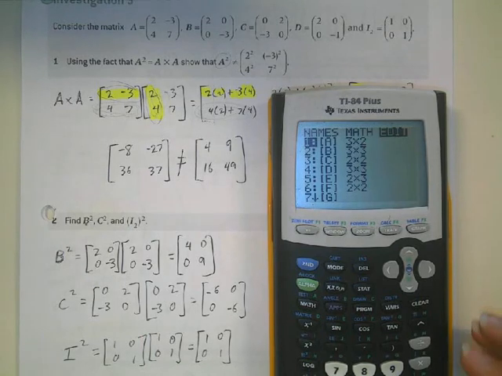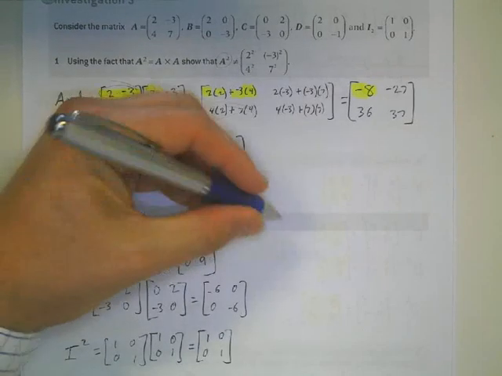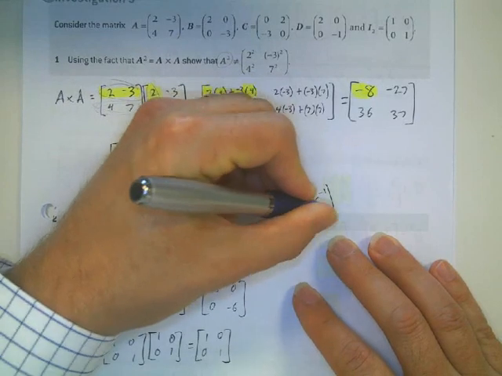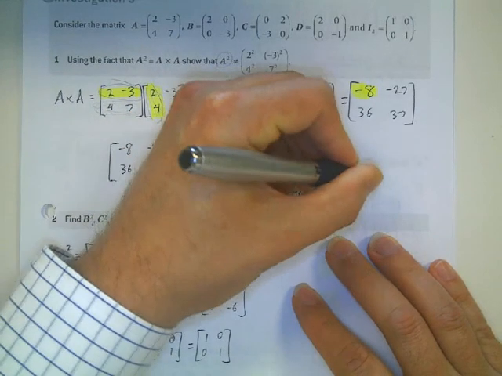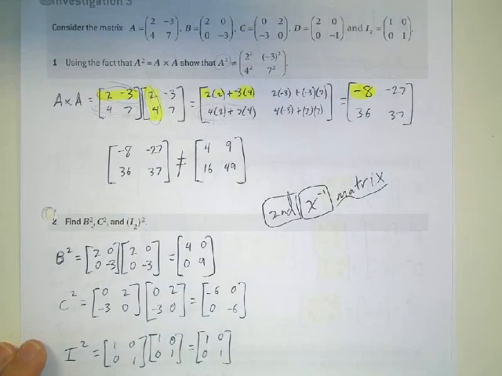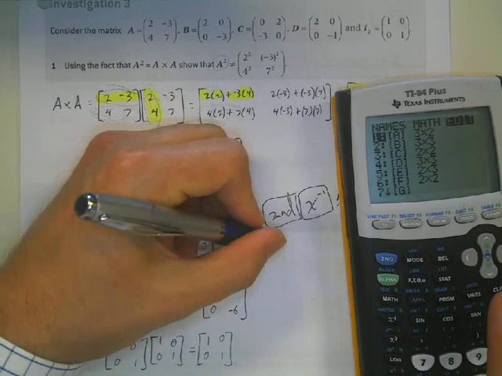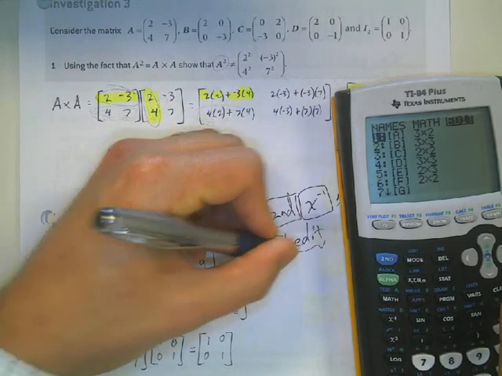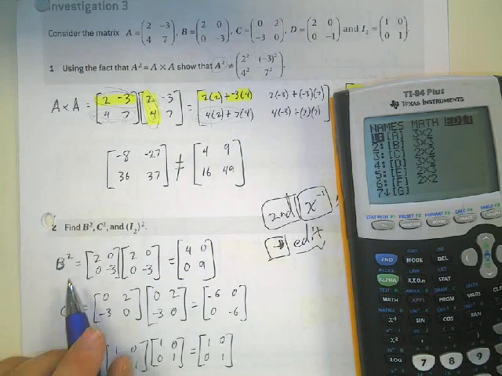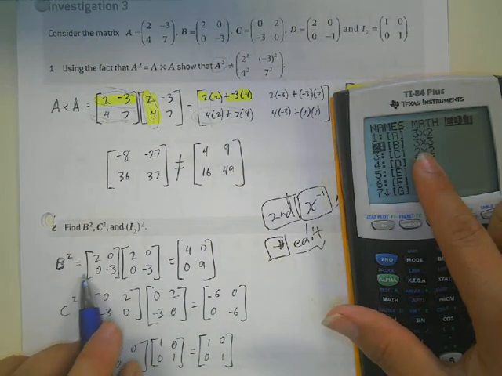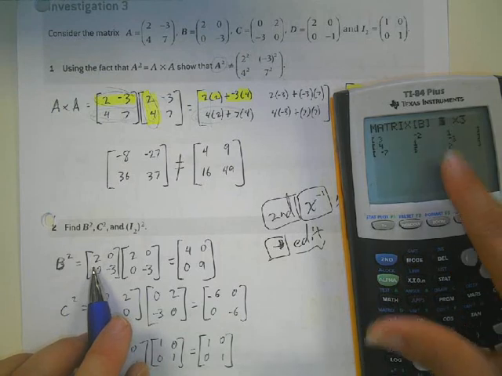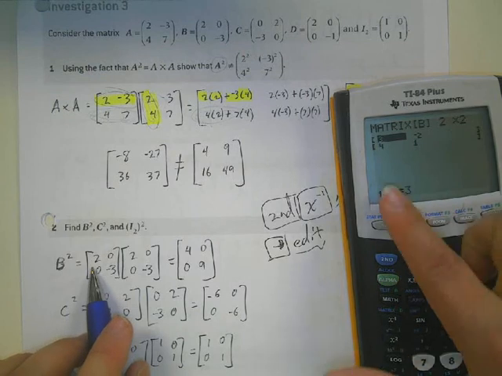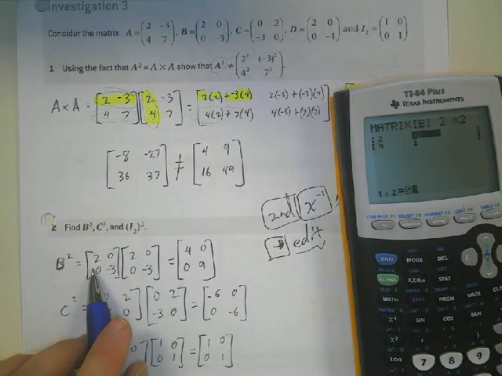You push second, x to the negative 1 to get to the matrix menu, then you arrow over to edit, and then you type in your matrix. So I'm going to enter matrix B. Matrix B is a 2 by 2, so I hit enter, and I'm going to change this to a 2 by 2. And the matrix is 2, 0, 0, negative 3.